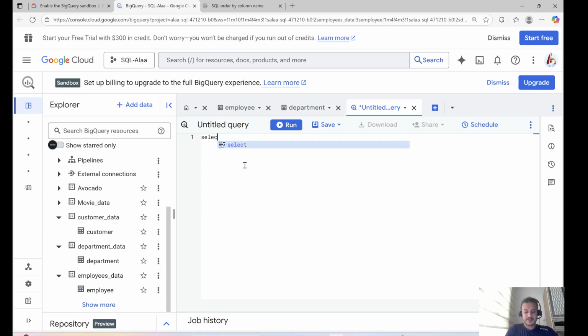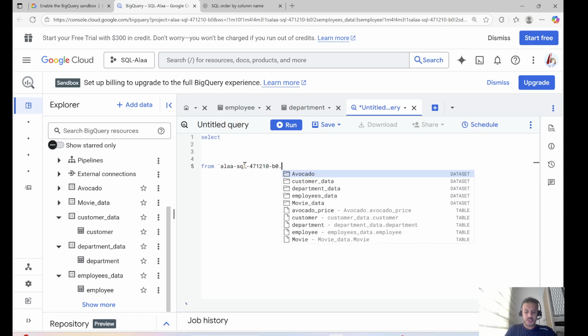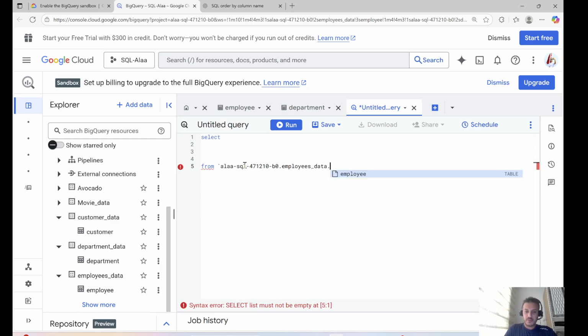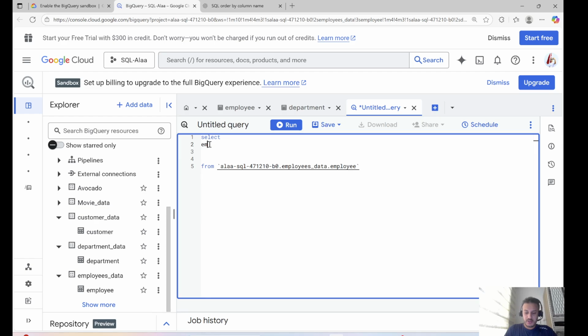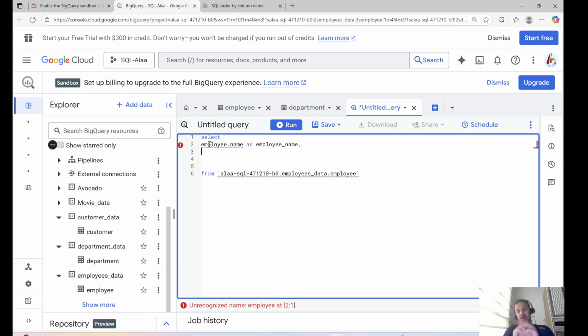Let's write SELECT FROM, where I take from my data and my project. Let's try employee. For employee I need the names and the roles. So my employee dot name AS employee_name.